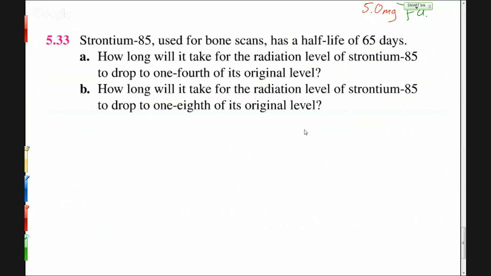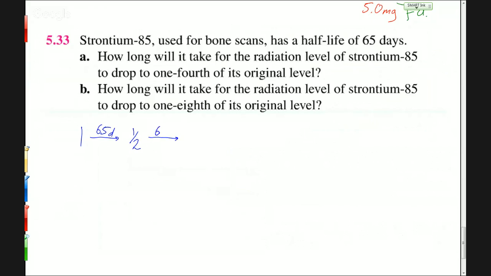Well, I think a nice way to think about this is start with 1. We're not told the number to start with, so we can start with whatever number we want. So let's start with a nice easy one, and we'll just start with 1. After one half-life, which is 65 days, what do we have if we start with 1? Yeah, we'll have half.